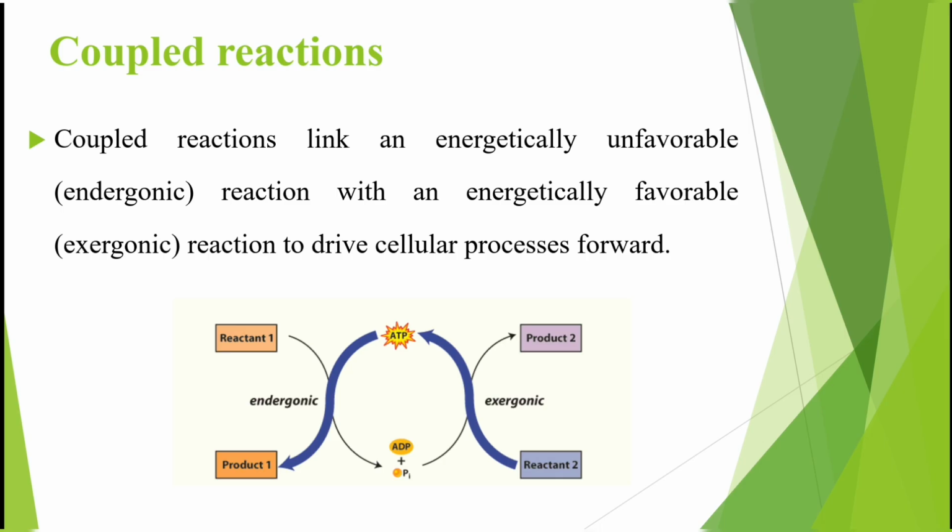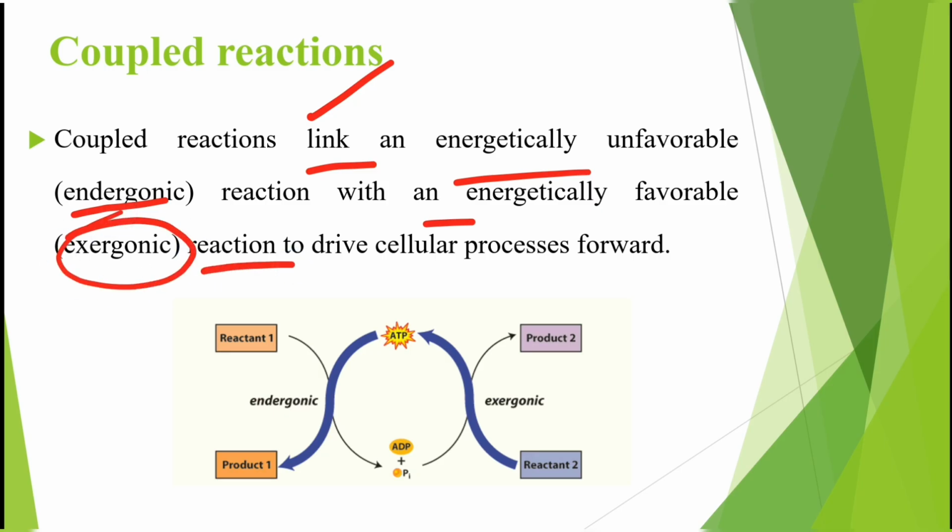Next we will discuss coupled reactions. What is a coupled reaction? It links energetically unfavorable, energy consuming, or endergonic reactions with energetically favorable, that is exergonic, reactions, to smoothly drive any cellular process forward. For example, the breakdown and formation of adenosine triphosphate.